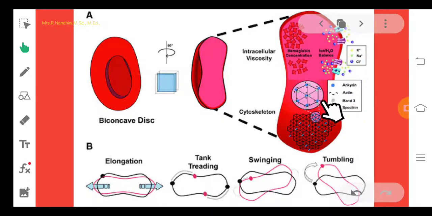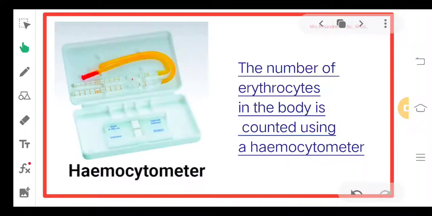See, ankyrin, actin, band 3, spectrin. So this is elongation, tank treading, swinging, tumbling. So cytoskeleton, intracellular viscosity. So this is the microscopic sectional view of RBC.